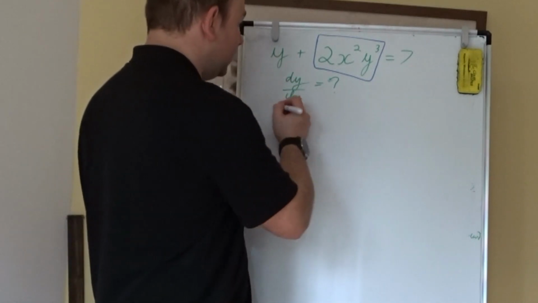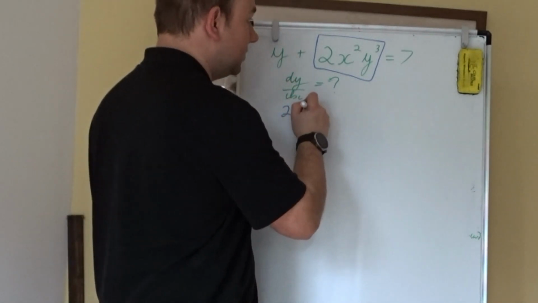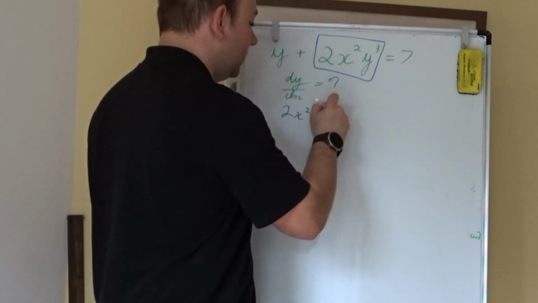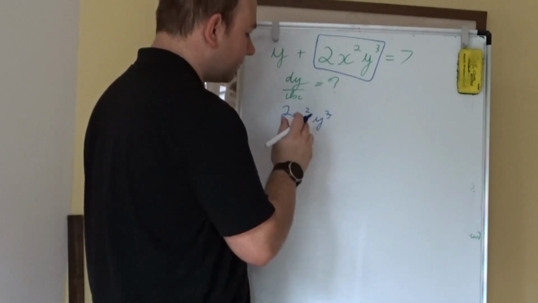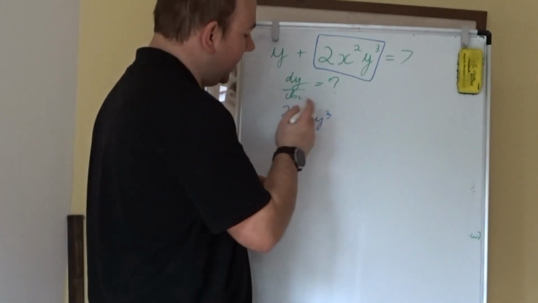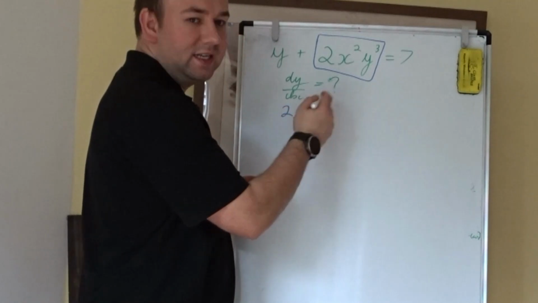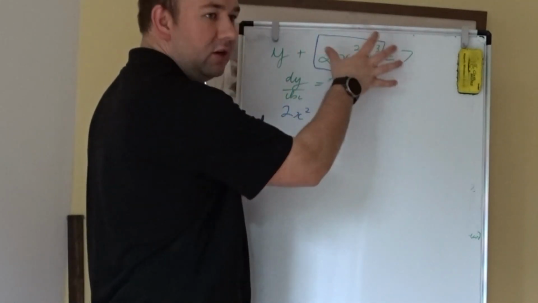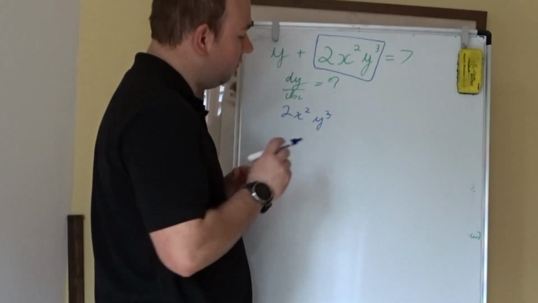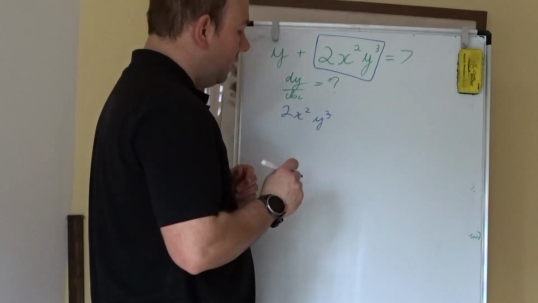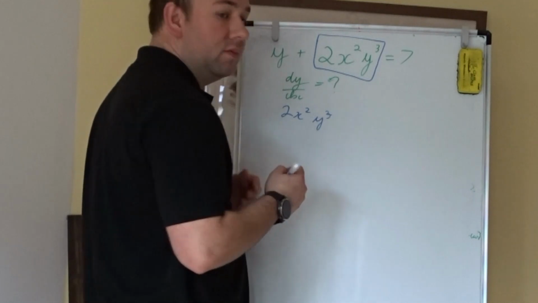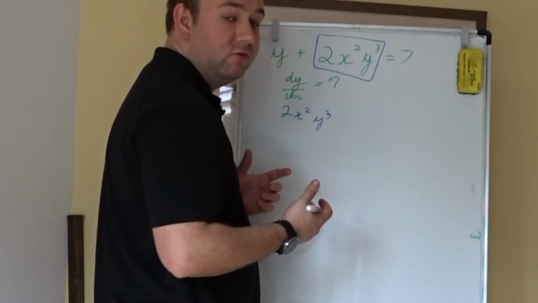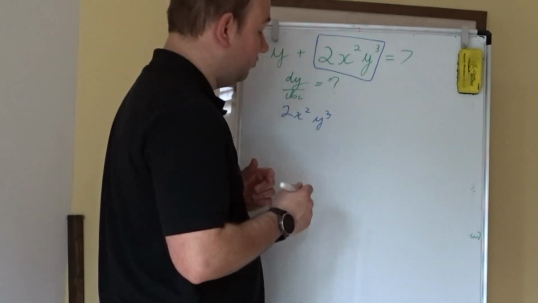So let's consider this 2x squared y cubed. If we wanted to differentiate this normally, we would have to take this y over and then we find the cube root and that's all fine. But because we're considering it in this context, we're going to have a bit of a problem. So first of all, we can look at it from the chain rule, the product rule point of view.